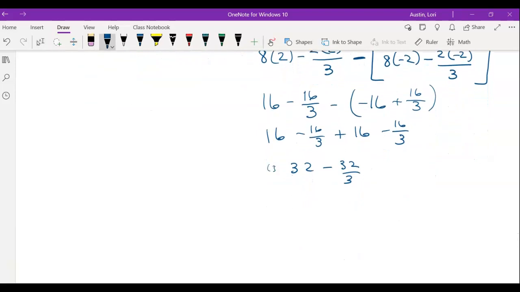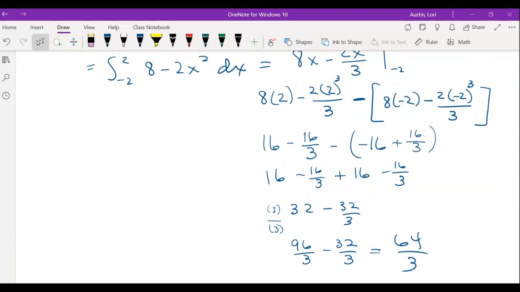I'm going to multiply this by 3 over 3. So I'm going to get 96 thirds. All right, 64 thirds is the correct answer if you just do all the arithmetic right.